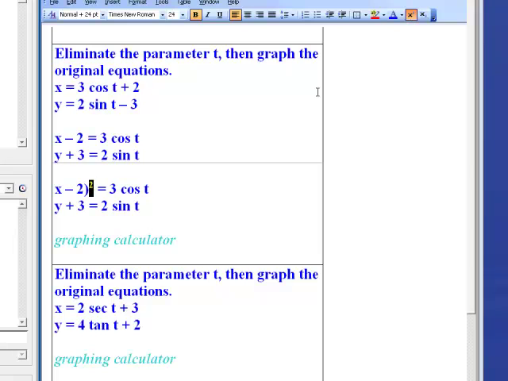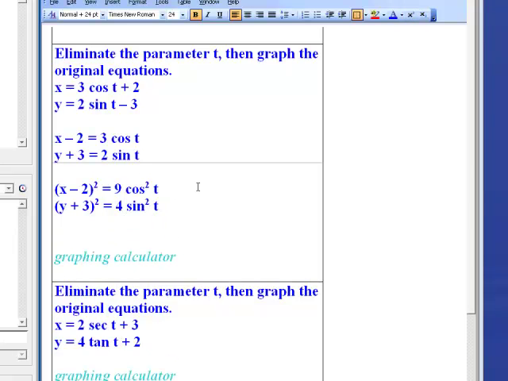Then unfortunately it will take me a while. So I'm going to have this one here, and this one here will be a 9. And I'm going to have this one here, and this one will be a 4 sine squared. Okay. Then, of course, at this point, I cannot add on the right-hand side, because I would add 9 cosine squared plus 4 sine squared, which is not a Pythagorean identity.